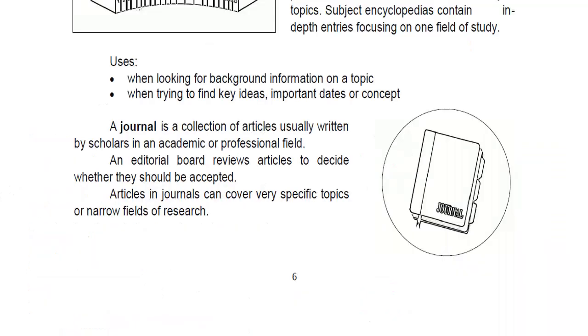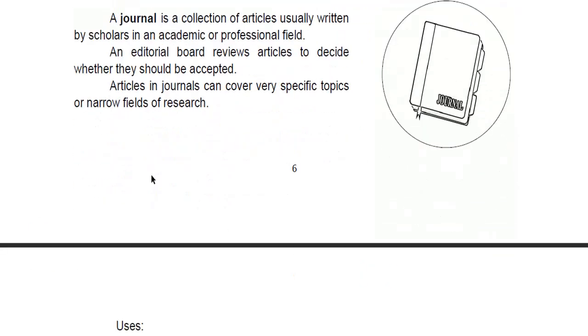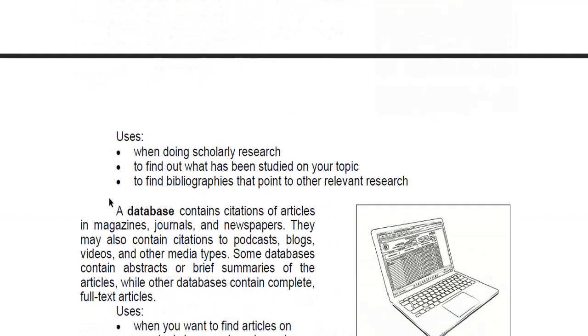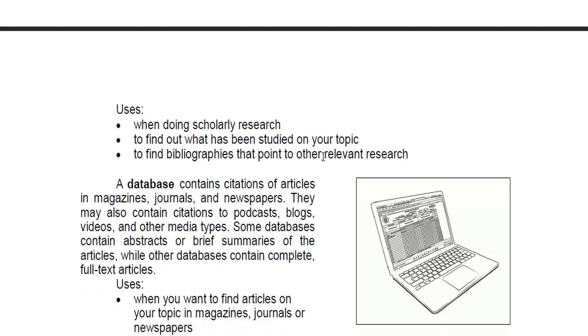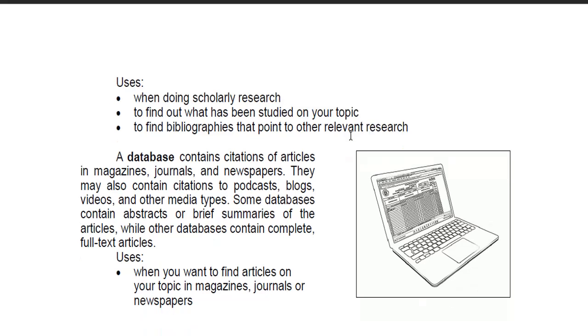So that is a journal, and it contains articles. These are the uses of a journal for research purposes: it contains information about a certain topic that is being studied, and you can also use a journal in pointing out other relevant research.